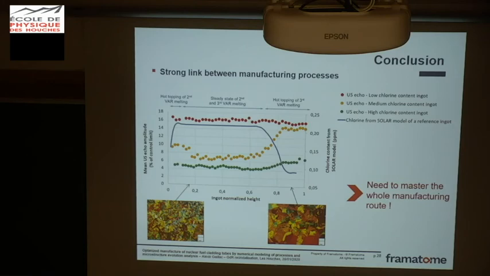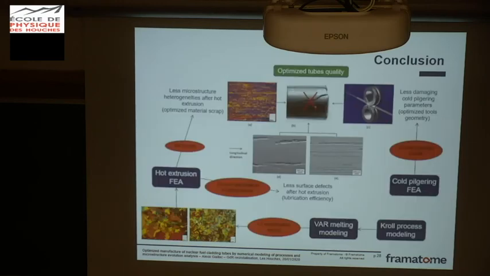So you see that we can optimize the recrystallization during hot extrusion. We can also try to optimize the microstructure before, but we need to master, in fact, the whole manufacturing route in order to have good quality at the end.